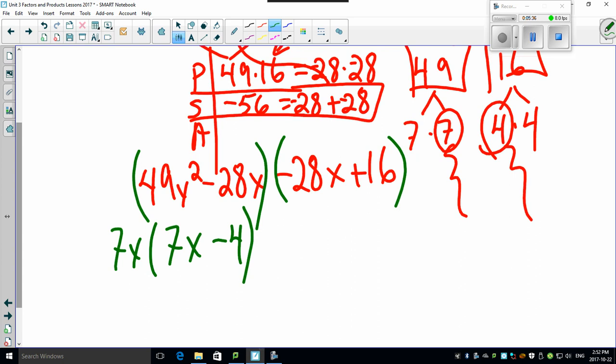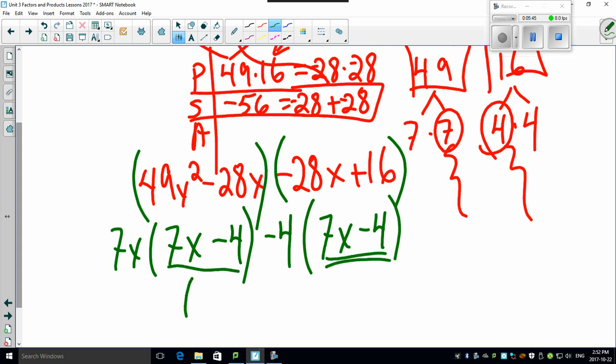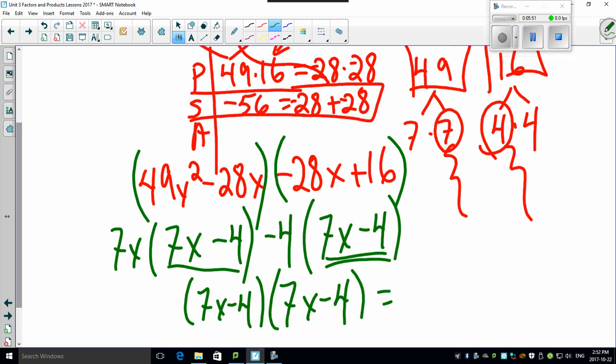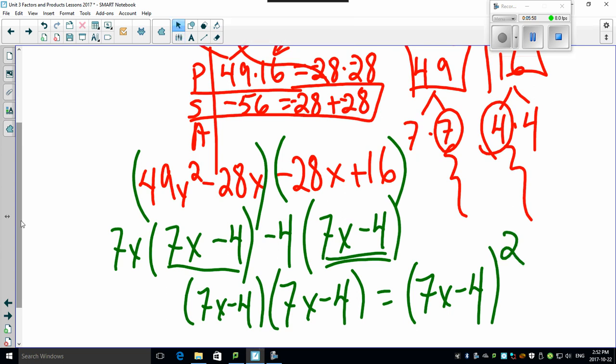I know I can take a minus 4 out of here, leaving me with 7x minus 4. And check this out. 7x and minus 4. Look at that. And 7x and minus 4. And that works out to be 7x minus 4, squared. Perfect square. Isn't that pretty? So even though I may not like that perfect squares pattern, I can always rely on what we've always learned, which was PSA.